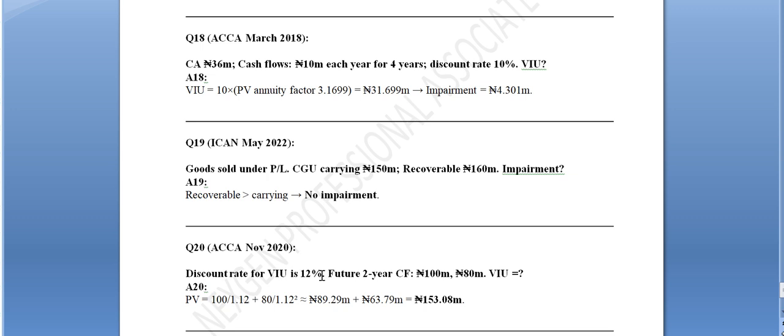Okay, what do we now use the 10% discount factor for? They have already made the job simple for you now. If they have not discounted it using the 10%, we'll discount it for 5 years.